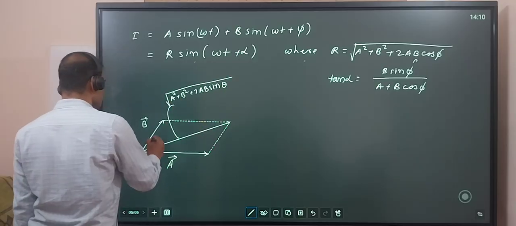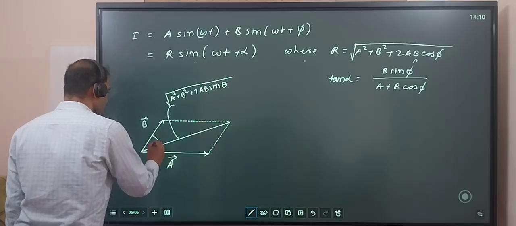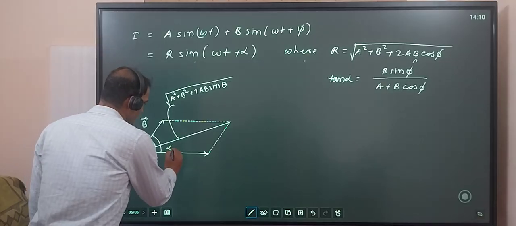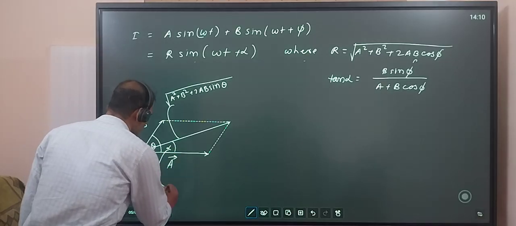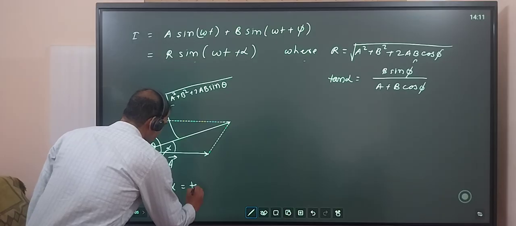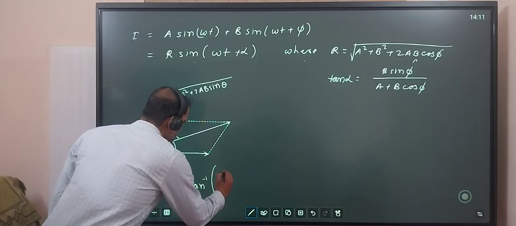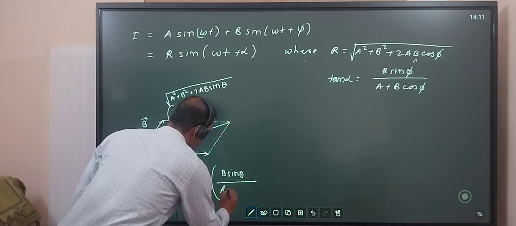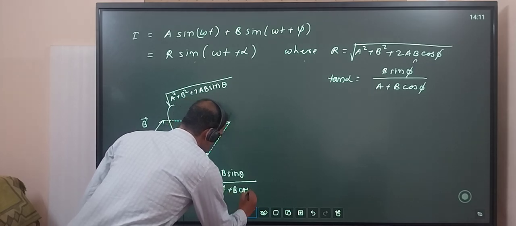I am not showing this total angle theta. And alpha was tan inverse of b sin theta by a plus b cos theta.